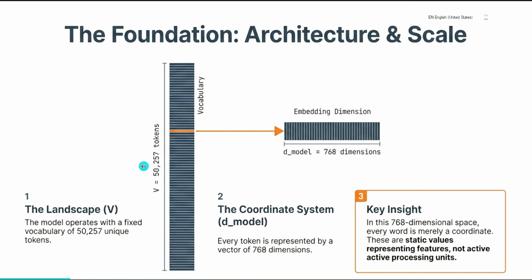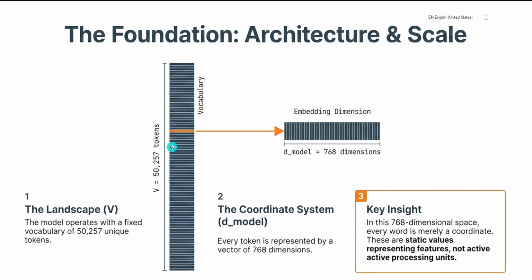If we take a look at the embedding dimensions, or how a GPT-2 model encodes a word, there are around 50,257 tokens inside the GPT-2 model's vocabulary.